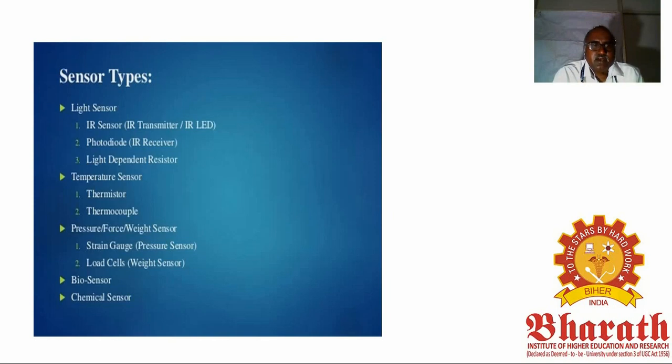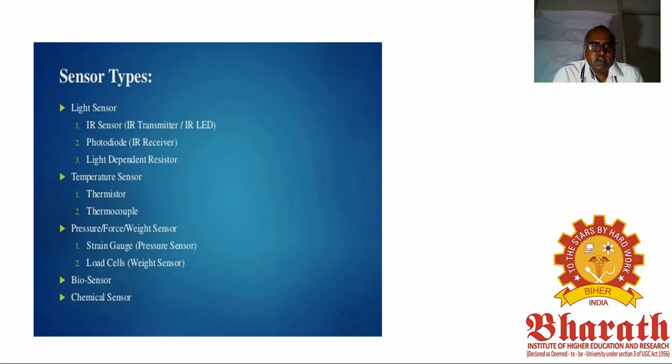Next, the pressure, force, weight or other physical quantities can be measured. For example, the strain gauge sensor will measure the amount of pressure applied over it. Similarly, load cells can be used as a weight sensor.